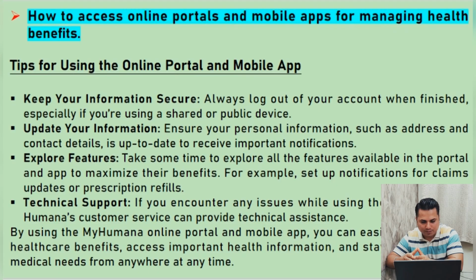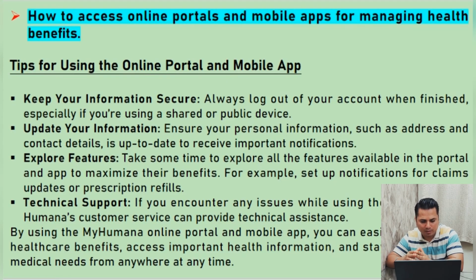Update your information. Ensure your personal information such as address and contact details is up to date to receive important notifications. Explore features. Take some time to explore all the features available in the portal and app to maximize their benefits. For example, set up notifications for claims updates or prescription refills.